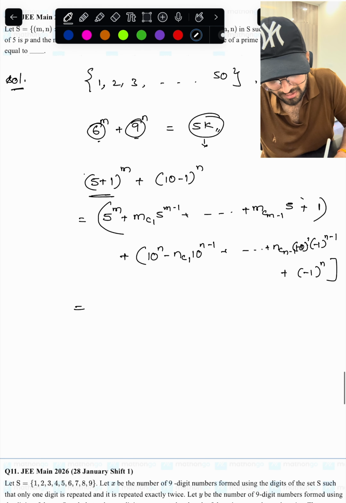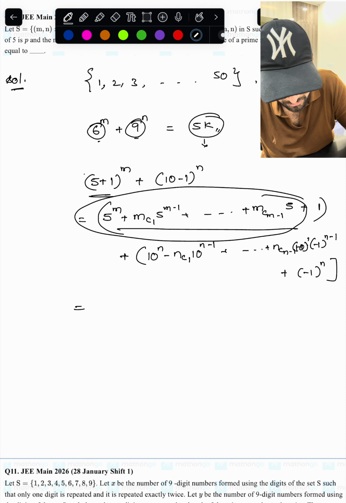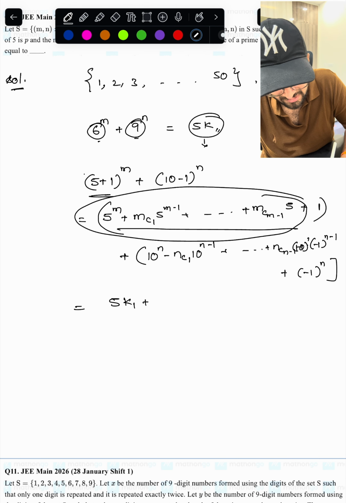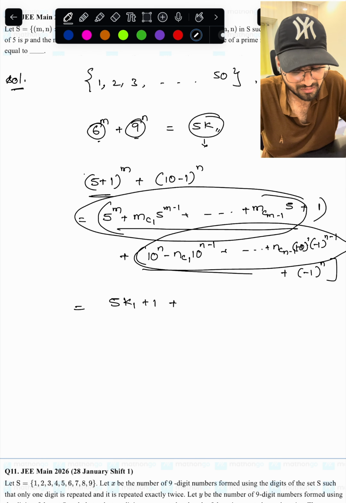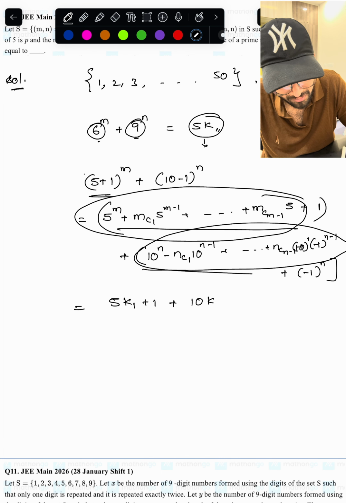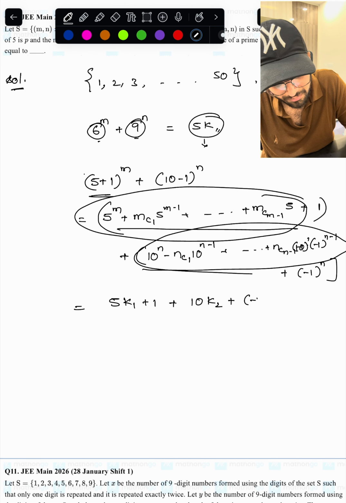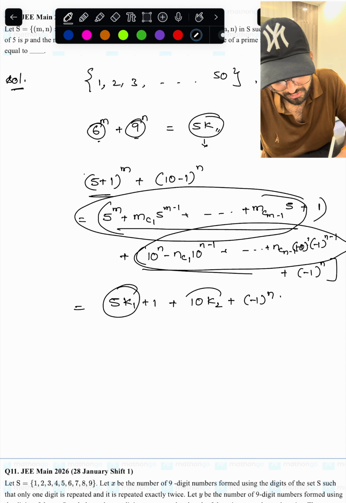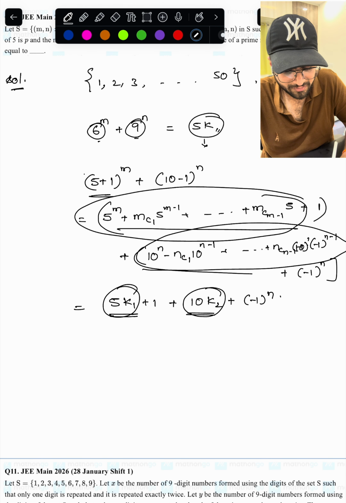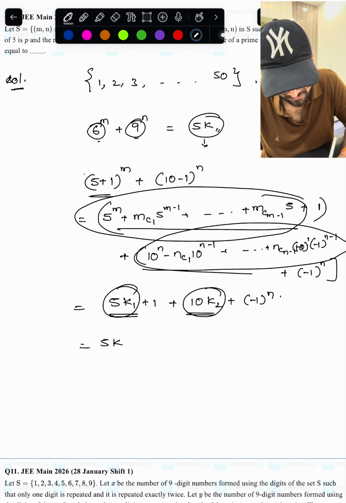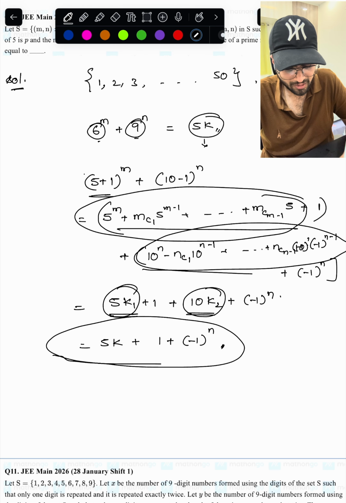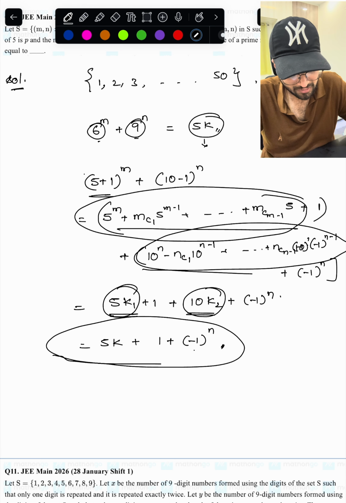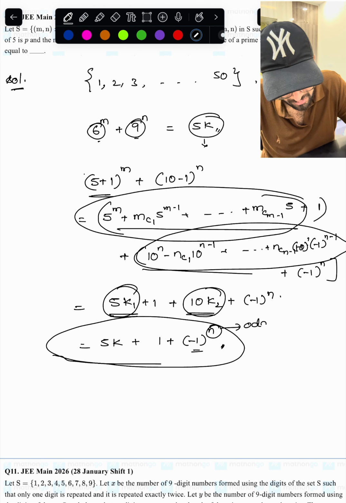This is the expansion. Now here, up to the last but one term you have 5, so can I say that it is of the form 5k plus 1. And up to the last term every term has 10, so if I take 10 common, that will be of the form 10k2 plus (minus 1) whole power N. This is also a 5 multiple, and 5 multiple plus 5 multiple is a 5 multiple: 5k plus 1 plus (minus 1) whole power N. So finally for this to be a 5 multiple, obviously N must be odd.